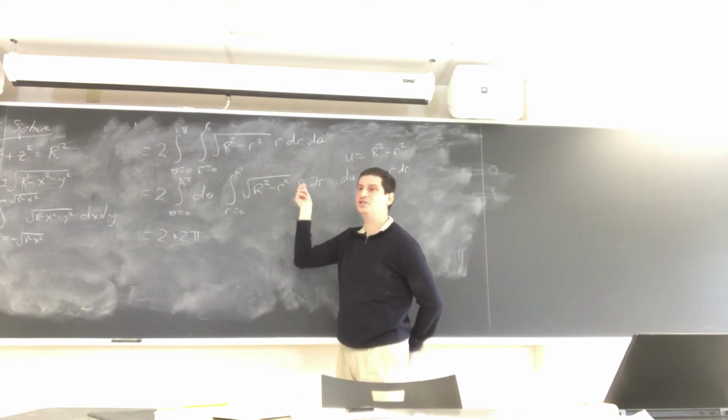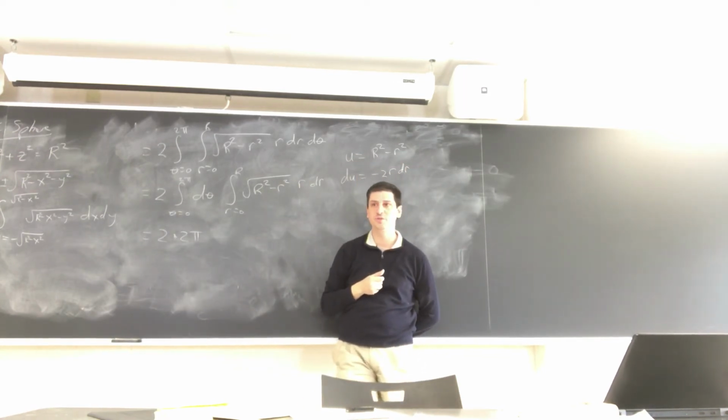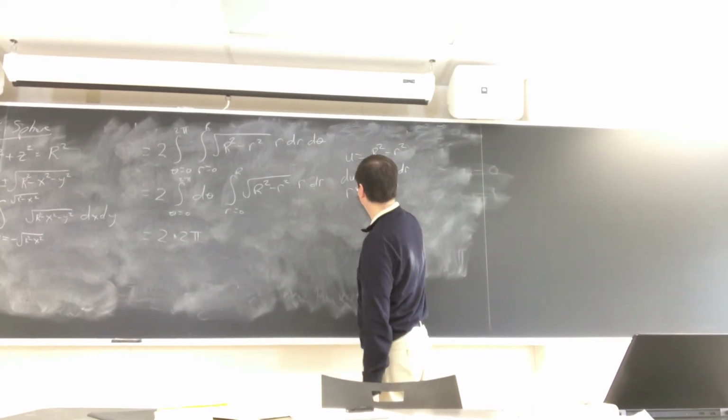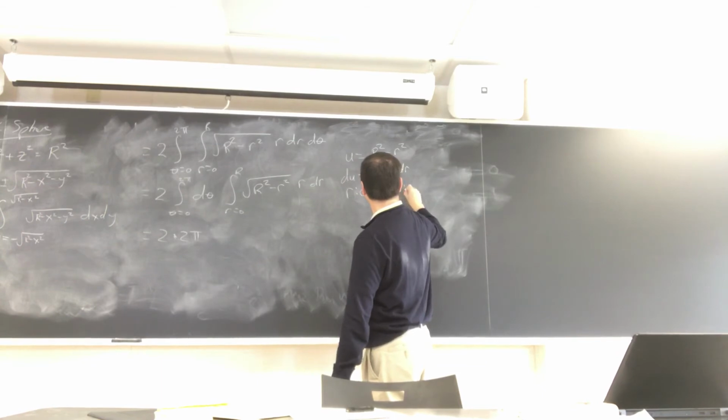Do you see how this is going to be beautifully situated for use substitution? I like to do the following step. If r goes from 0 to big R, what does u go from?